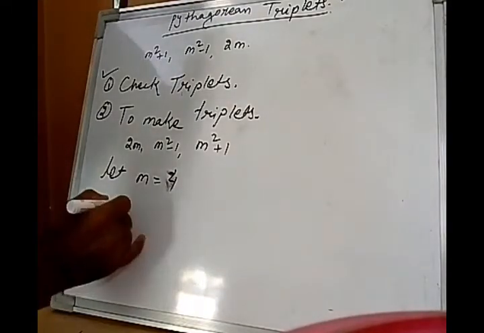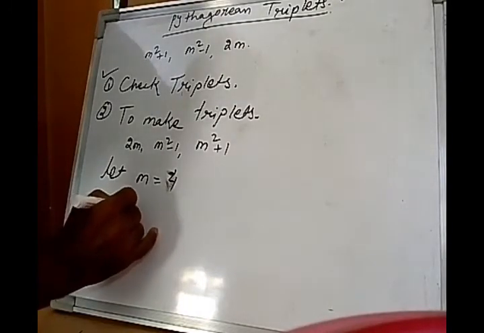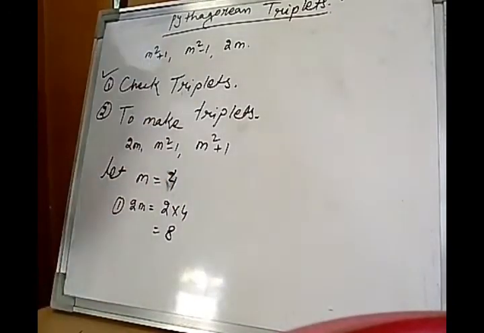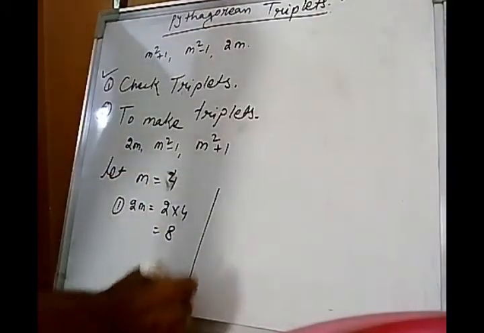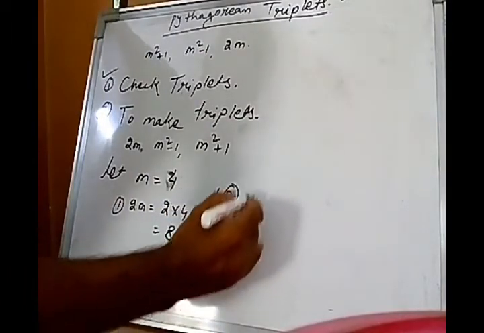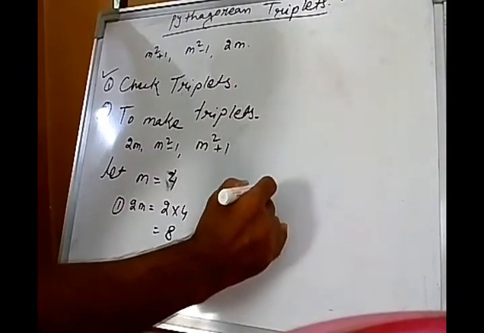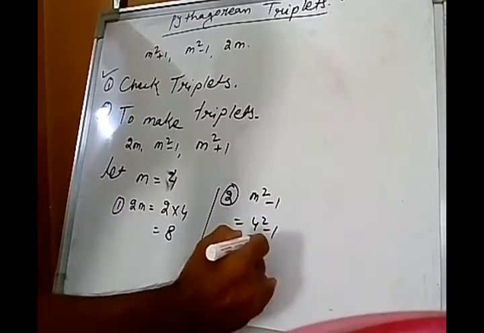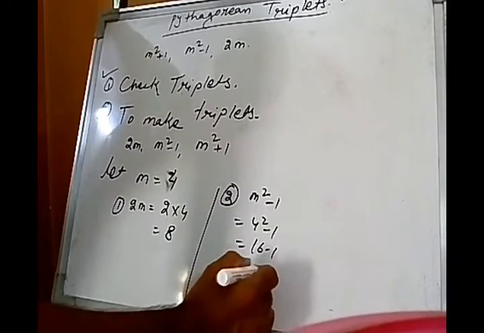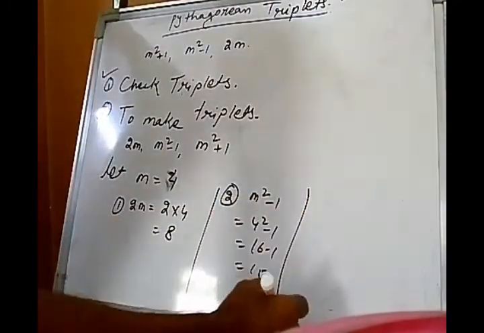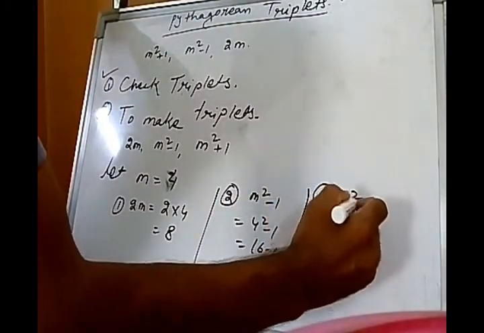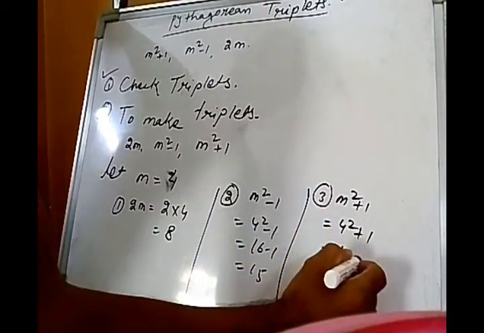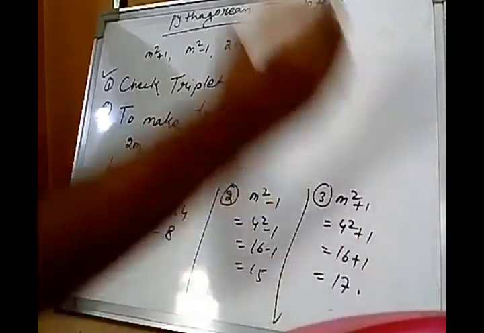So m equals to 4. Therefore the first one is 2m. So 2 multiplied by 4 equals to 8. The second one is m square minus 1, that is 4 square minus 1, 16 minus 1, 15. Now the third one is m square plus 1, 4 square plus 1, 16 plus 1 equals to 17.